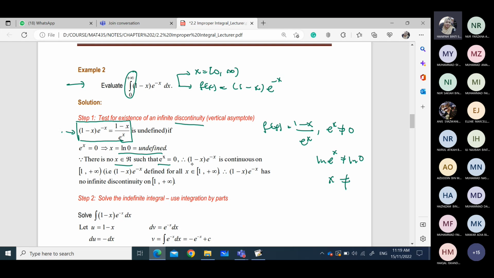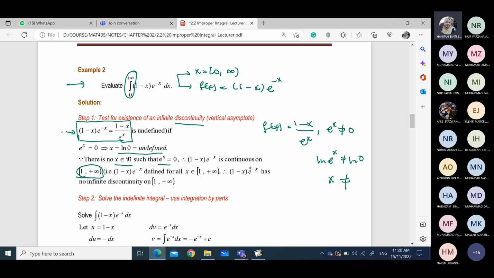So here we can say that 1 minus x times exponent negative x is continuous. Maknanya dekat sini, the values of x can be any real number.